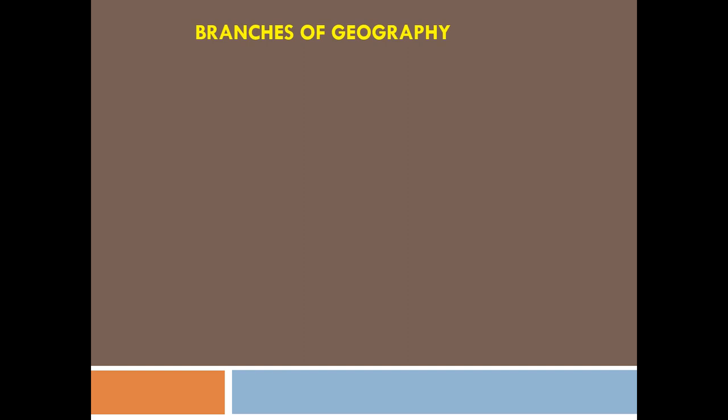How do the physical features affect the life of human beings within a given area? That is what we are going to keep exploring to understand the actual meaning of geography. Now, from that background, we can identify the different branches of geography.